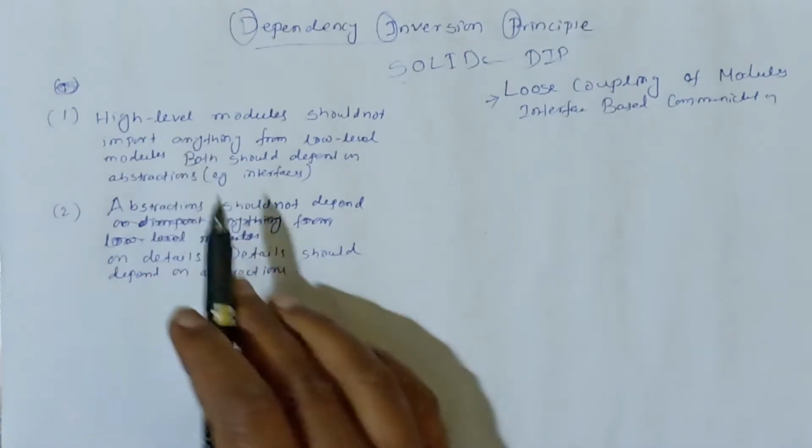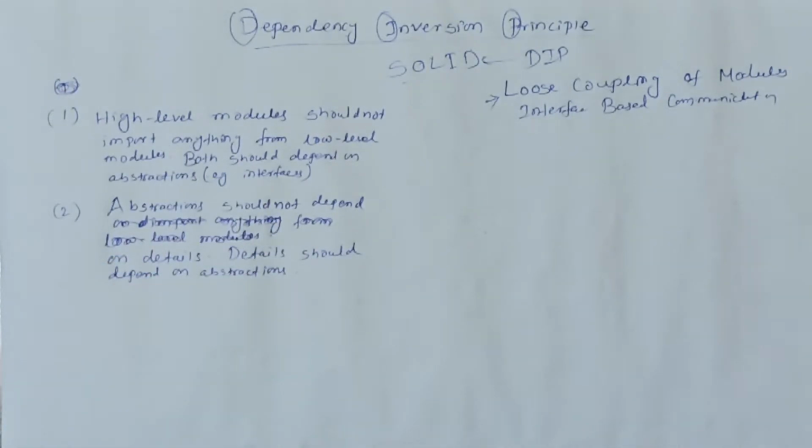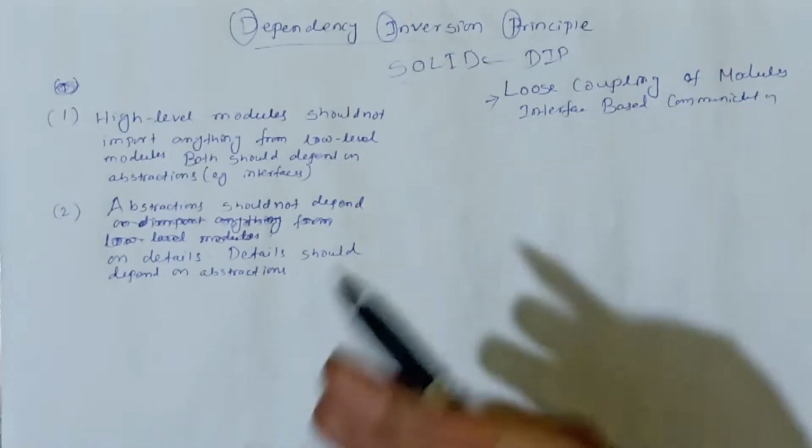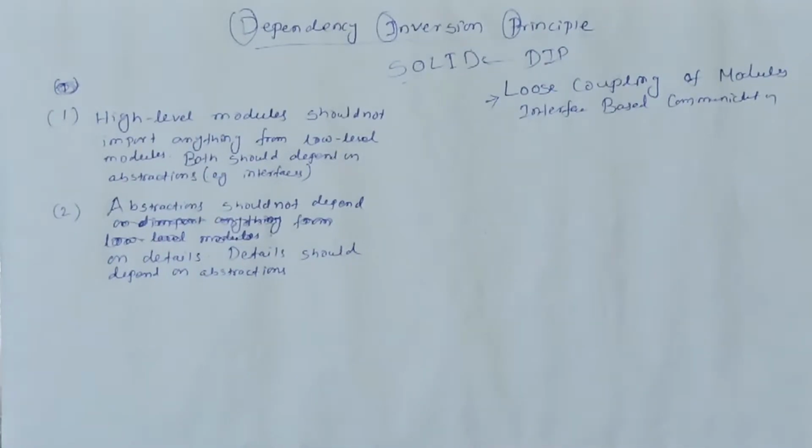So the first told that high level modules should depend upon interfaces, and the second told that interfaces should depend again upon interfaces. In this way, it tells how we can make our modules loosely coupled.